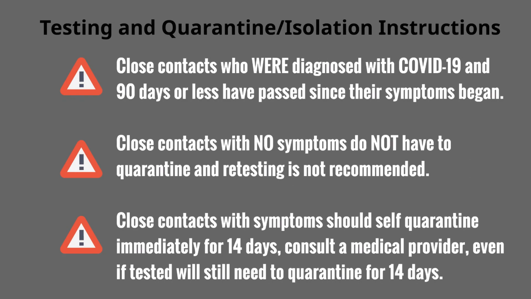On the other hand, if you're talking to a contact who was diagnosed with COVID-19 in the past 90 days, if this contact has no symptoms, they do not have to quarantine, and retesting is not recommended at this point.